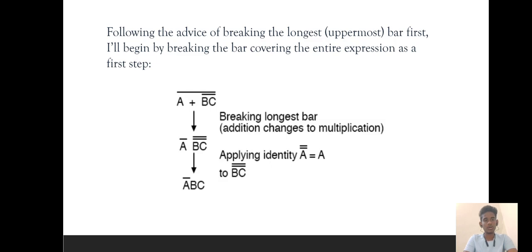A plus B bar, B into C whole bar, whole bar gives A bar into B into C whole bar, which gives A bar into B into C. Breaking the longest bar, addition changes to multiplication. Applying the identity A bar bar is equal to A.